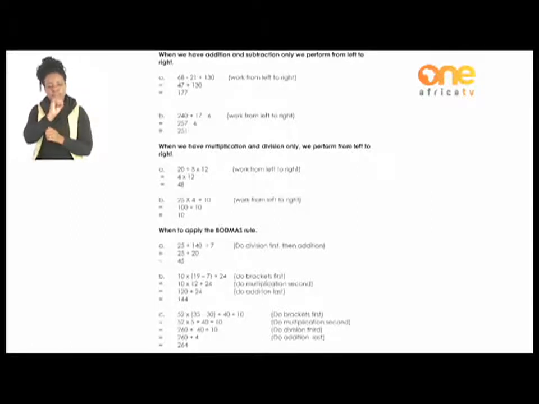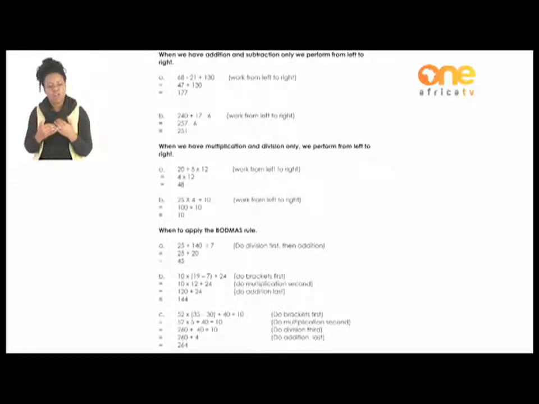So according to BODMAS, we check, do we have any brackets? Yes, we do have a bracket. So we're going to say equals 52 times. Now we do the bracket sum. 35 minus 30 equals 5. And then we're going to add the plus 40 divided by 10.